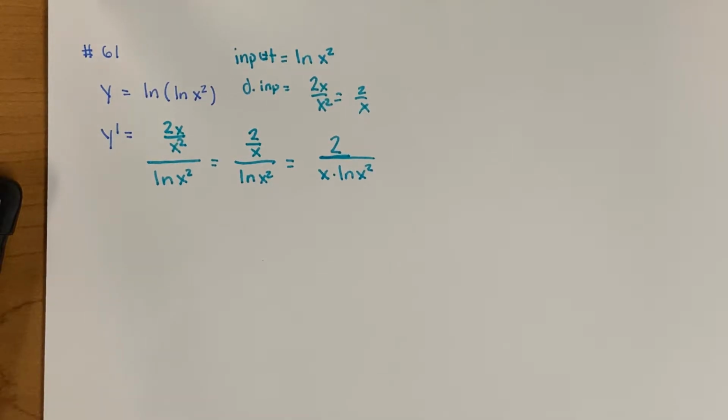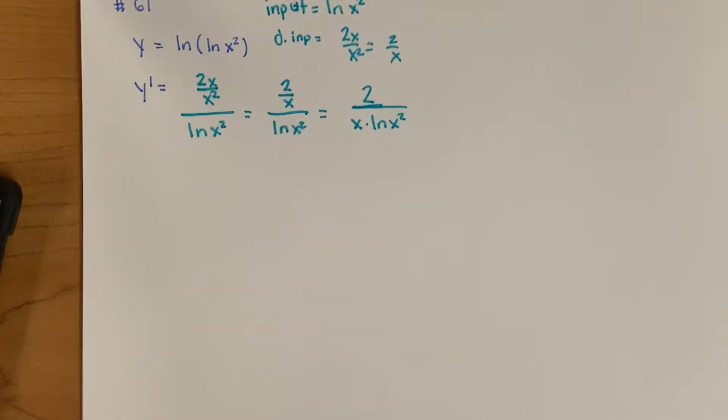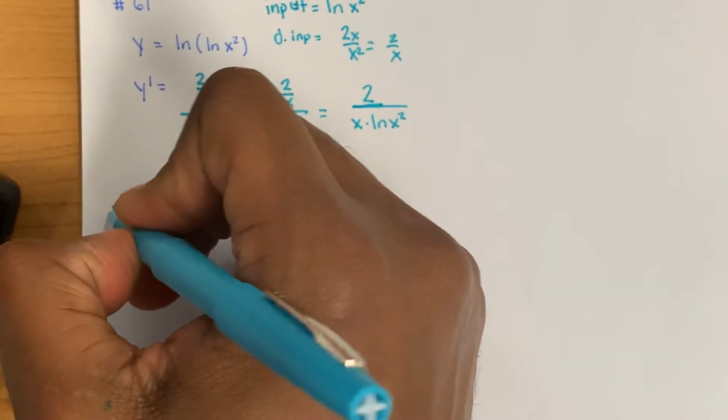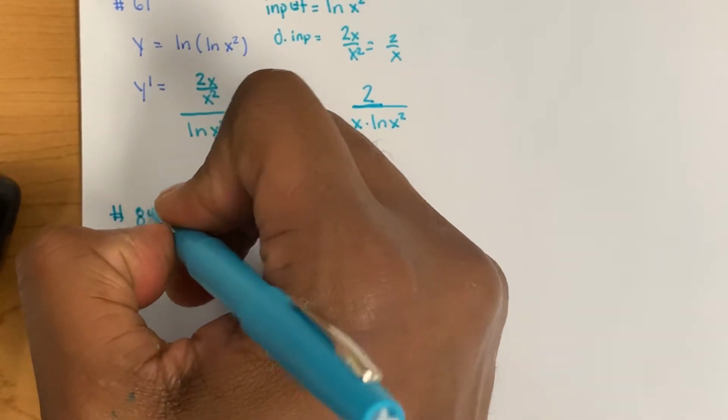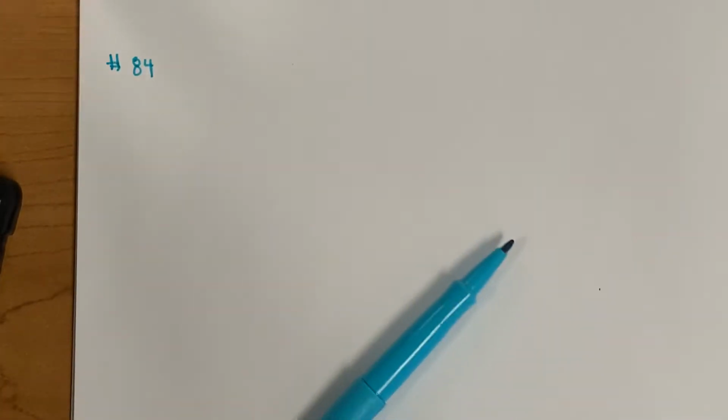Let's do number 84. And this will be the last problem we work in here. We're going to connect the concept of implicit differentiation with the concept of the derivative of a logarithm.